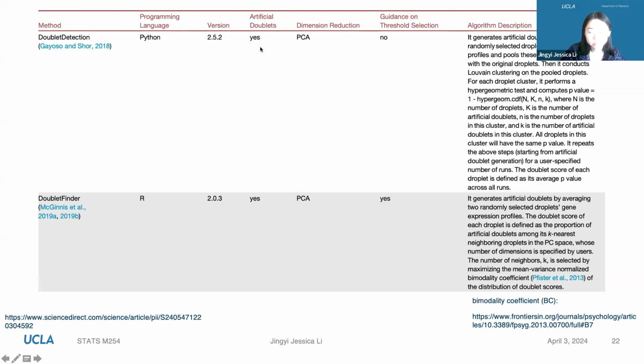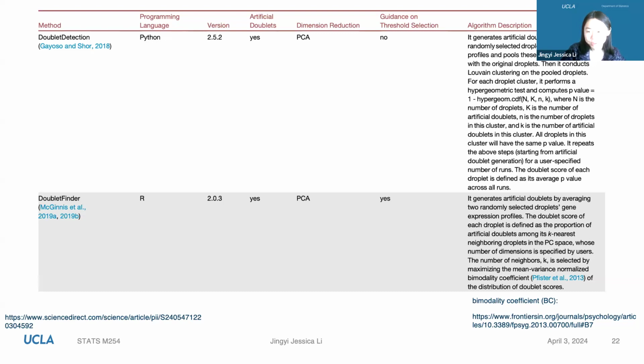The artificial doublet, yeah, that's a problem. When you create artificial doublets, it's possible that they're created from two droplets that are not singlets. So if the droplets are doublets themselves, then you merge them, what you create is not artificial doublets but artificial quadruplets, right?